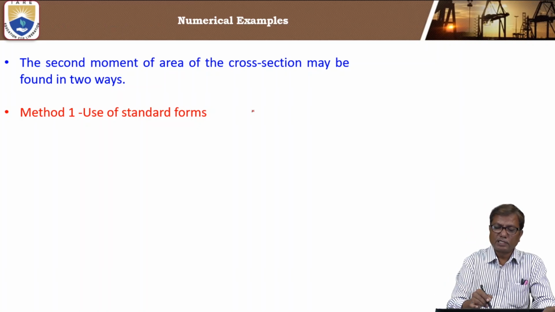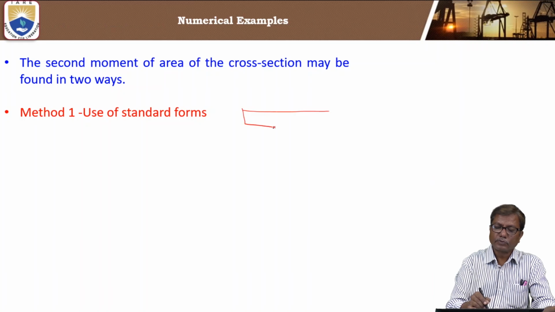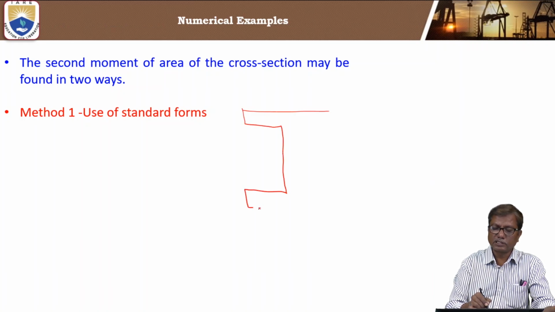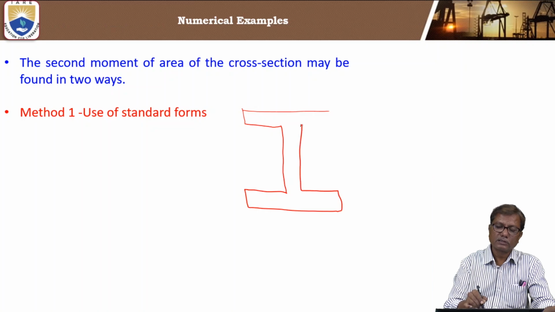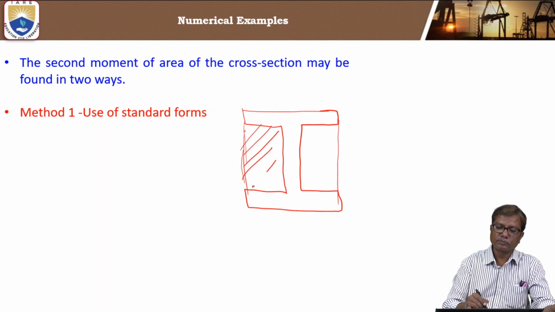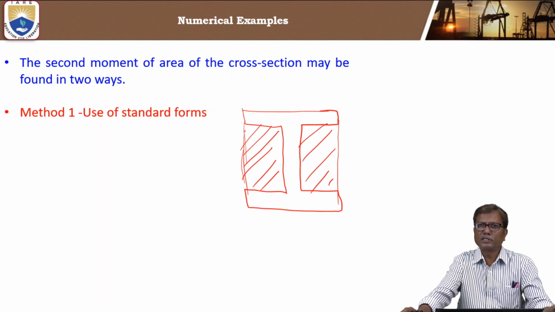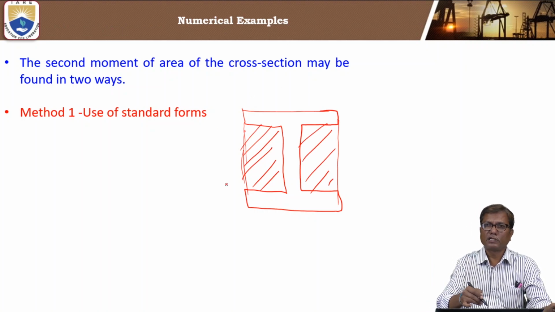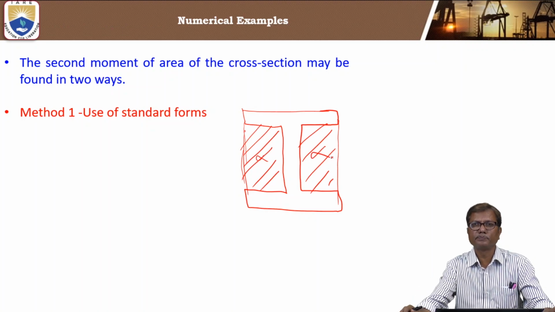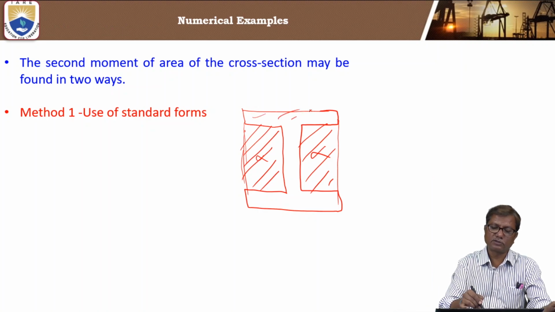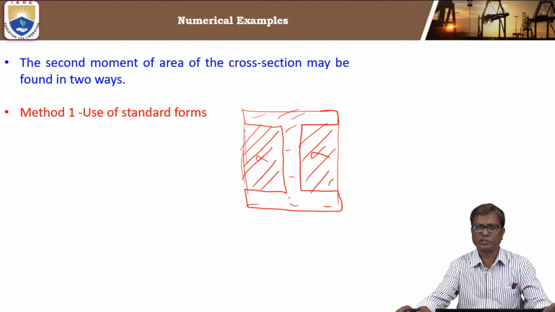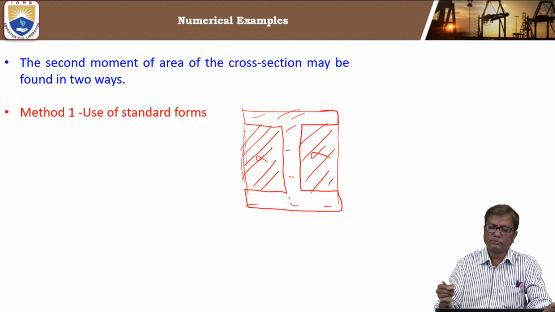we can find the moment of inertia in different ways. By considering this as a whole it can be treated as a rectangle, and this shaded part can be subtracted. So we find the moment of inertia of the entire rectangle and subtract the moment of inertia of this shaded portion, so that you will get the moment of inertia of the remaining area, that is the I section. That is one way.